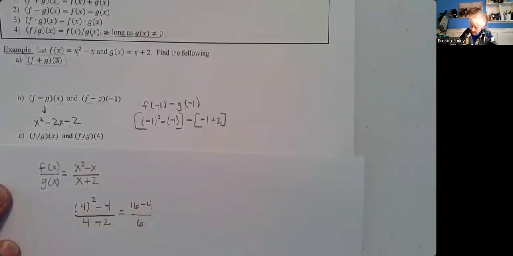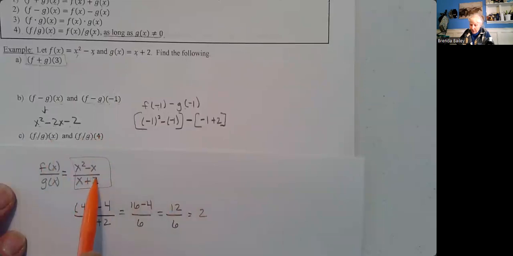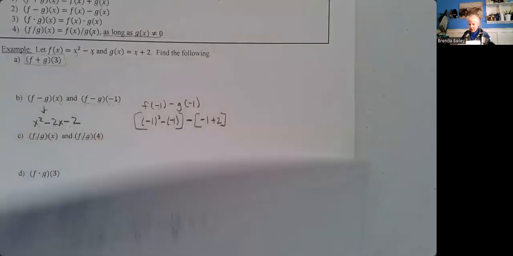Make sure that you can see that. So this right here is the answer to the question, and then we use that new function and put a 4 in for the x's, and we come up with the number 2. That's awesome.